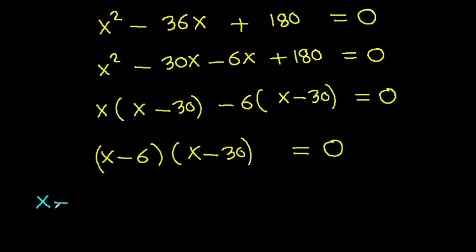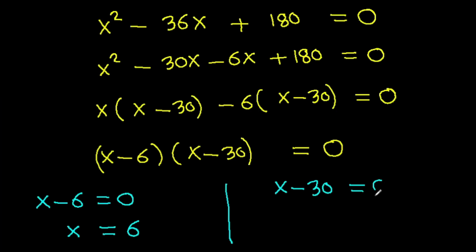So either X minus 6 can be 0, that means X will be 6, or X minus 30 can be 0, so X is equal to 30.